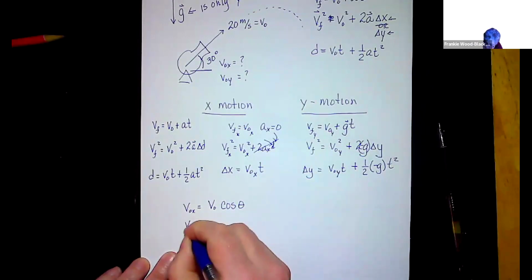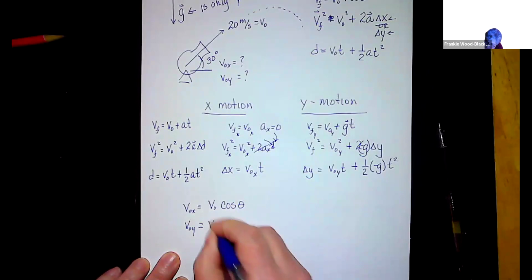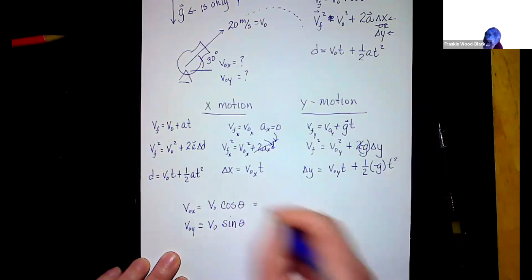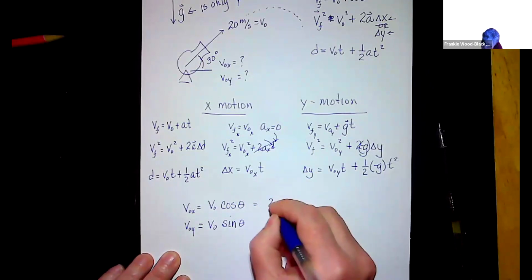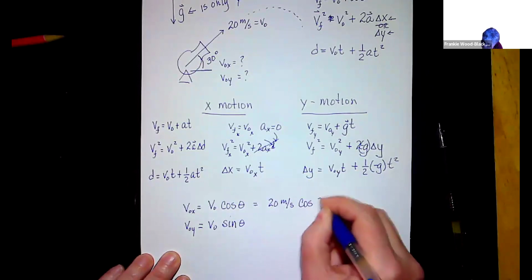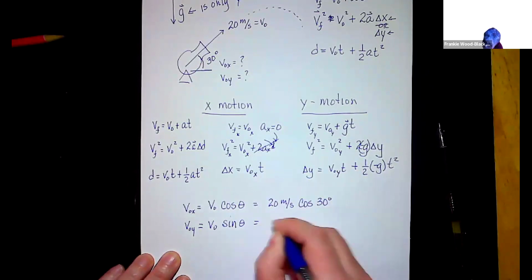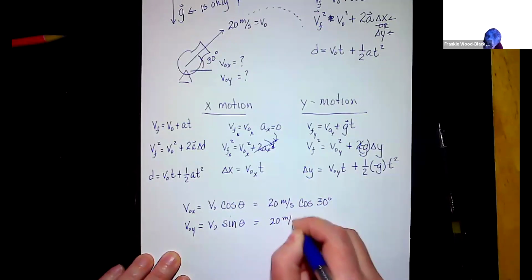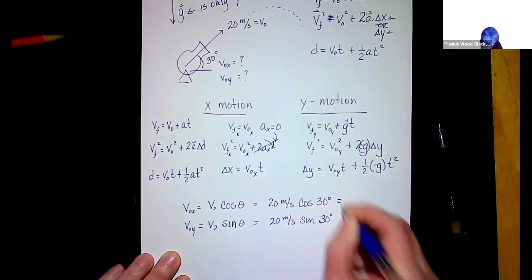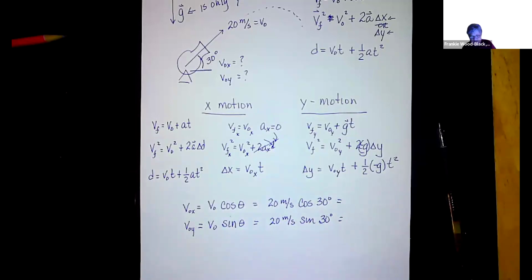My velocity in the y direction is going to equal my initial velocity times the sine of my angle. And if I do that, I'm going to get 20 meters per second cosine 30 degrees, and 20 meters per second sine 30 degrees. And I have my components that I'm going to use in those two directions.